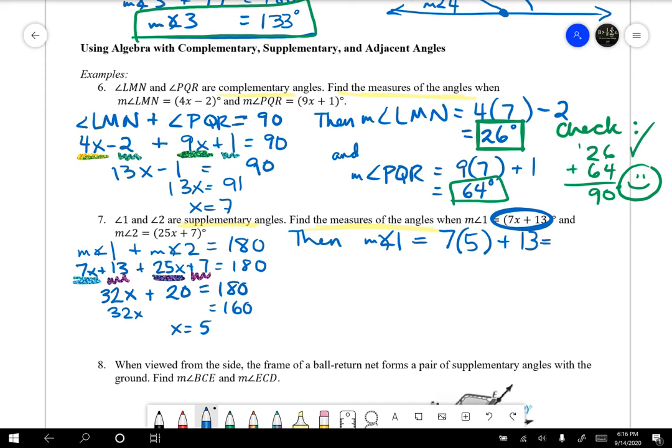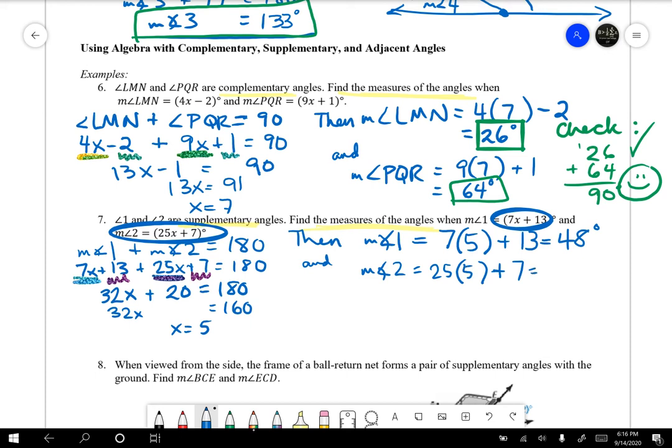So this is, let's see, 35 plus 13, that's going to give me 48. And measure of angle 2 is going to give me 25 times x plus 7 from here.